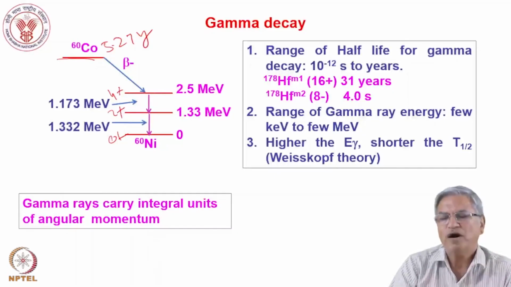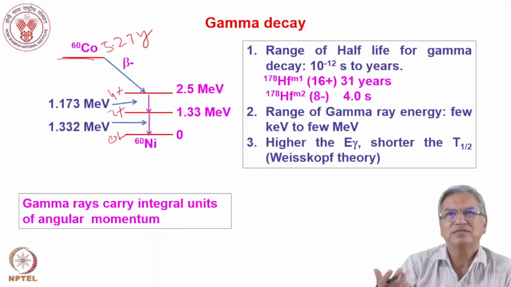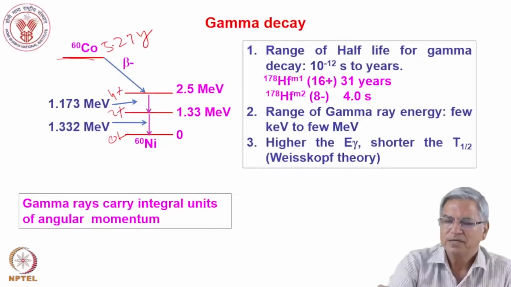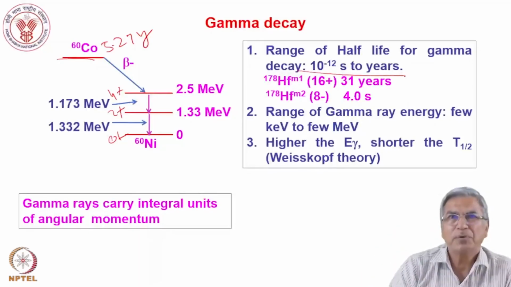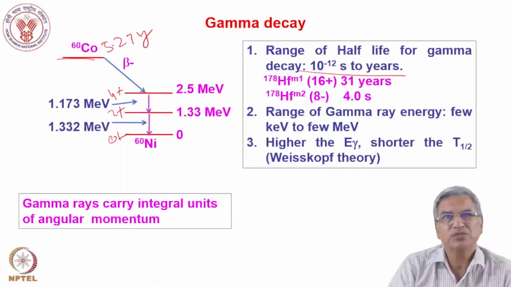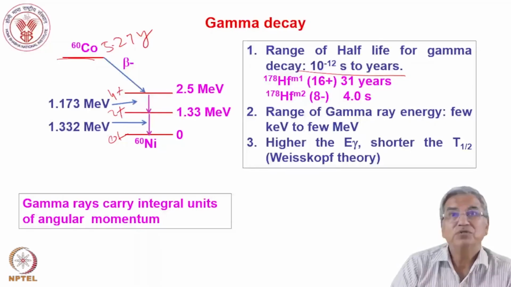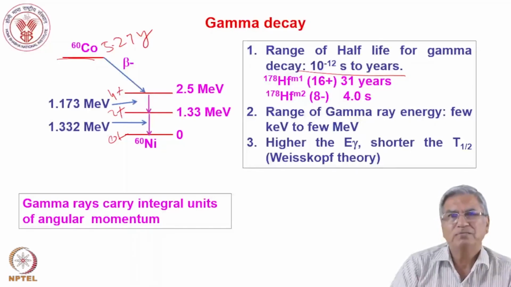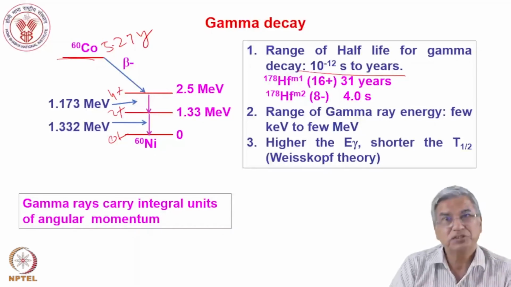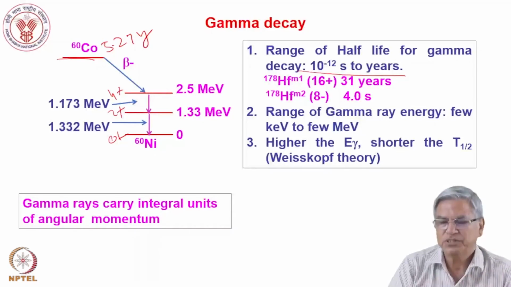Now the range of half-lives, what are the different values of half-lives? Range of the half-life for gamma decay spans. So gamma decay can take place in picoseconds also, or it can be in years also. So the ones which are emitting at more than picoseconds, nanosecond, microsecond, they will be called as the metastable states or isomeric states.